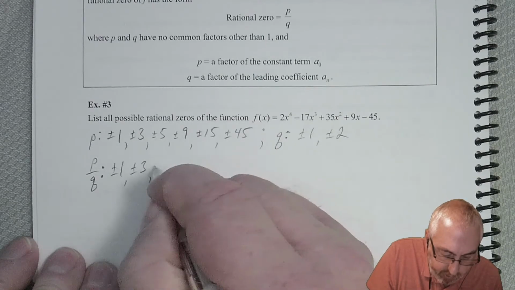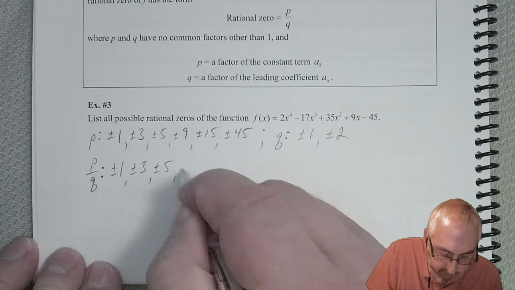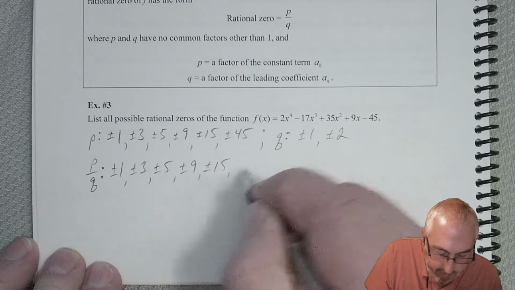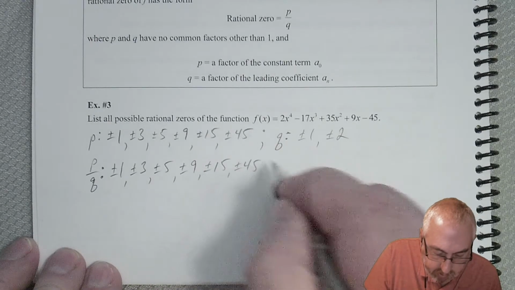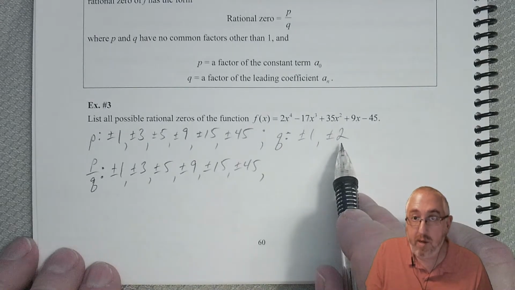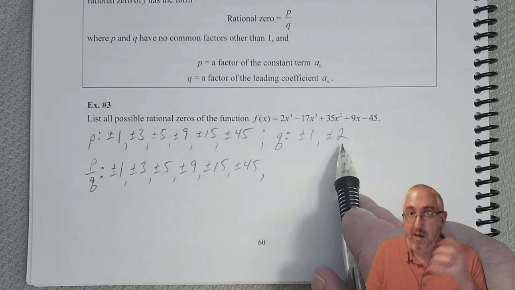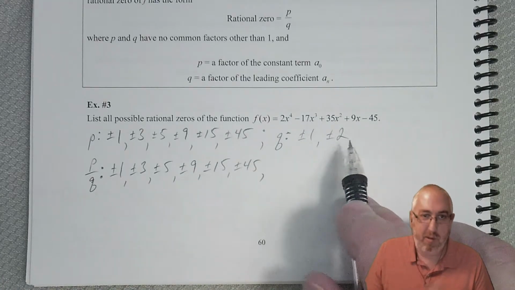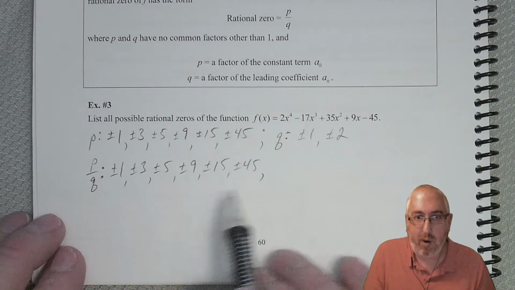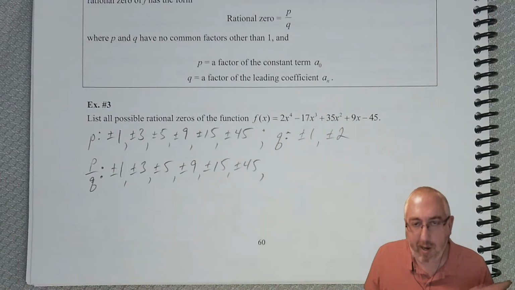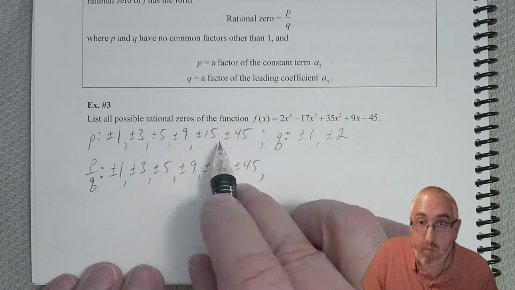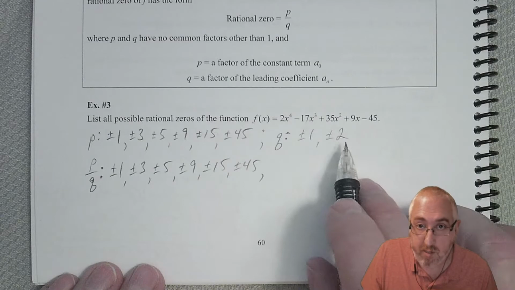Now, we're not going to get too crazy about putting them in numerical order, because once we start using q of plus or minus 2, we're going to start getting fractions in there. Some of those fractions will fit chronologically into our list in different spots, but we're not going to worry about that. So let's just put each of our p's over our q of plus or minus 2.